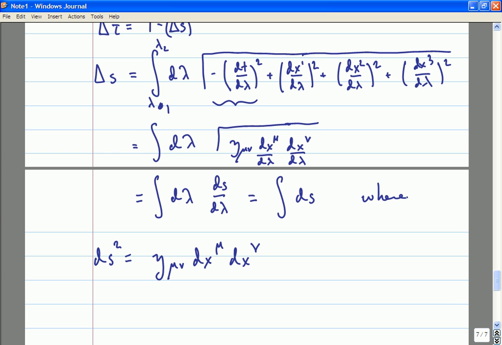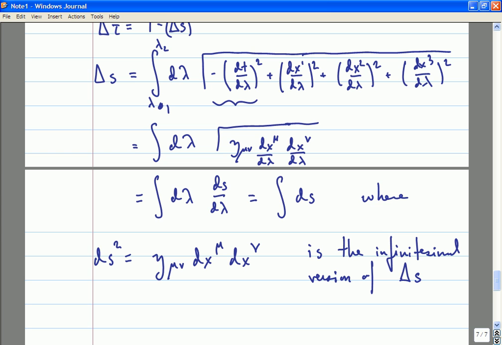So the symbol ds here is just the infinitesimal version of delta s. So the formula that I wrote for delta s squared was the formula for observers moving at constant velocity.